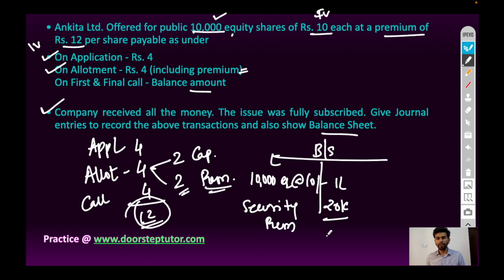So 20,000, total 1,20,000 rupees. And on the asset side, cash at bank account will be recorded at 1,20,000. It includes both the money, equity share capital account as well as security premium.